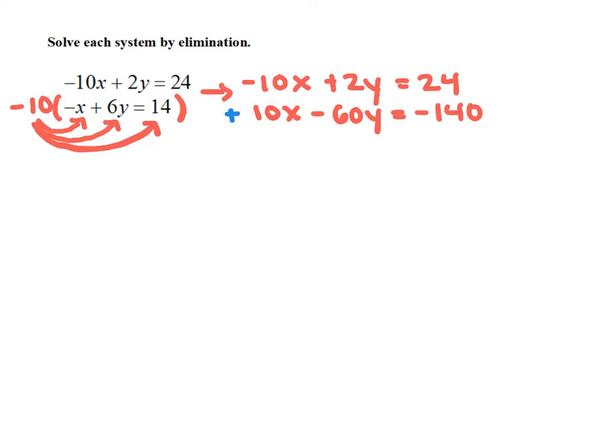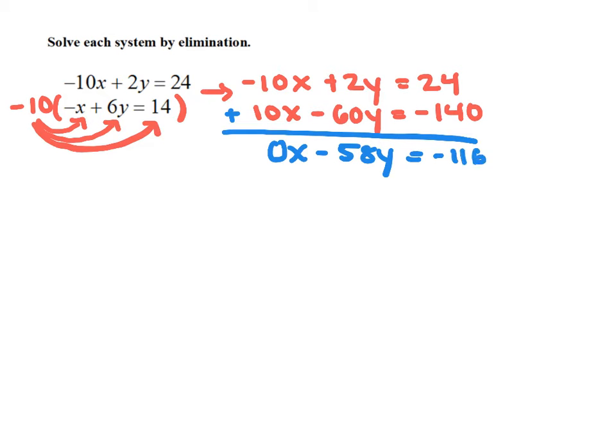Now if I add those two equations together, negative 10x plus 10x gives me 0x. 2y minus 60y is negative 58y. And 24 minus 140 gives me negative 116.